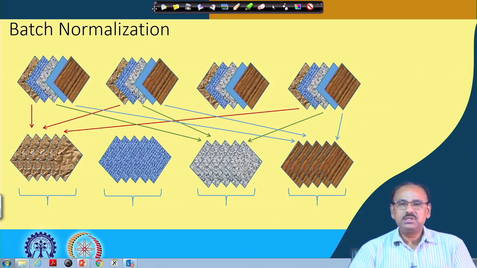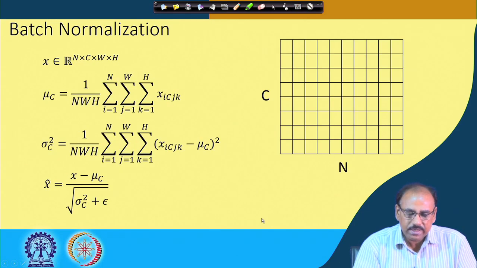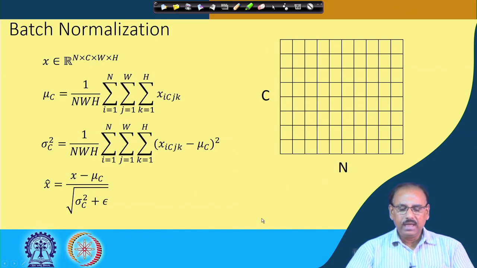And using these mean and sigma values, you go for normalization of the data. So let us see how this is done. When you are computing the mean of a particular channel, this is your expression, say x_{i,c,j,k}.